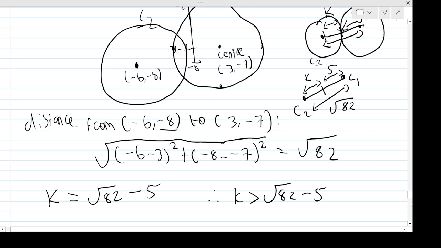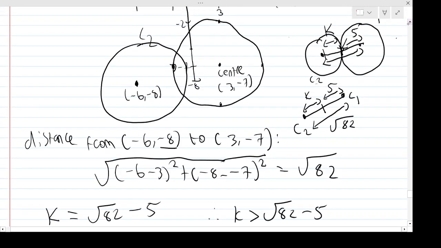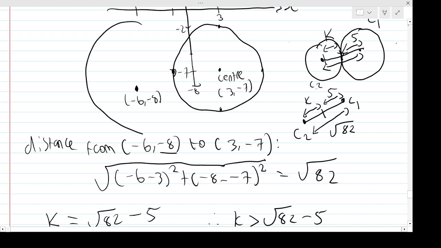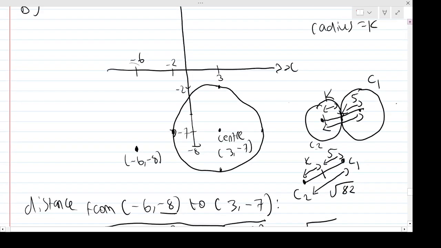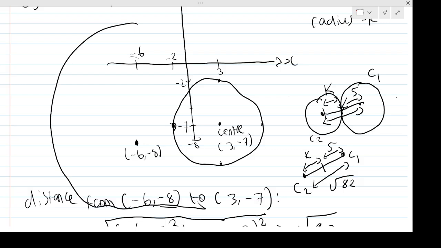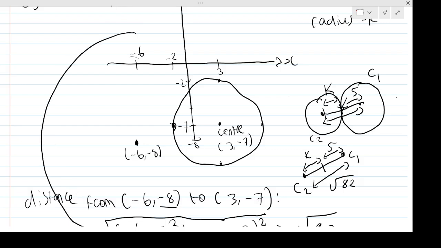You might think we stop there, but this is where they catch you off again. So you need to really consider everything. What happens when you keep making it bigger? If we make it bigger like that, obviously it still intersects twice, but if you make the circle absolutely massive, it's going to start to include the circle, isn't it?